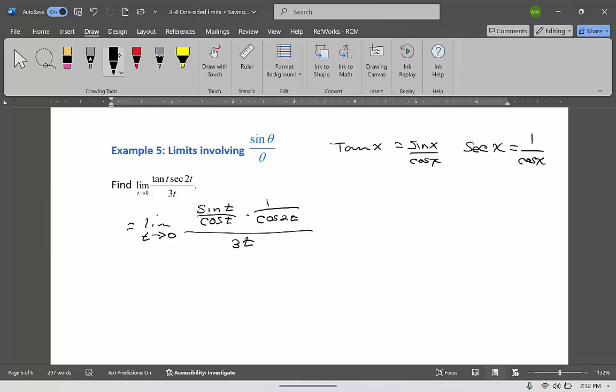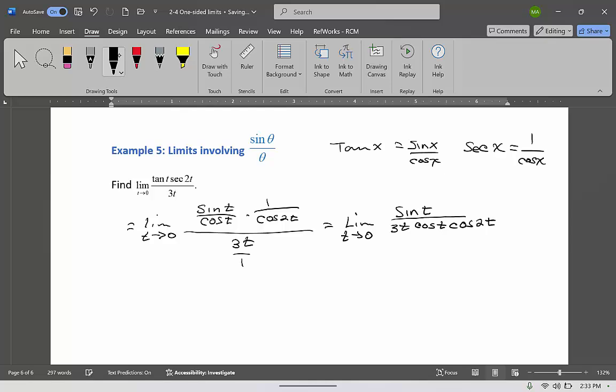Okay, so that doesn't look much simpler right now, but let's simplify it a little bit. So if we think about this as inverting and multiplying, that 3t just becomes part of the denominator. So this is equal to the limit as t approaches 0 of sine t over 3t cosine t cosine 2t.